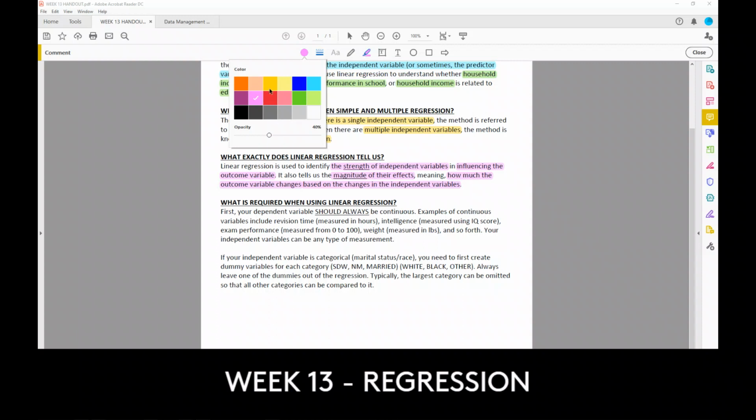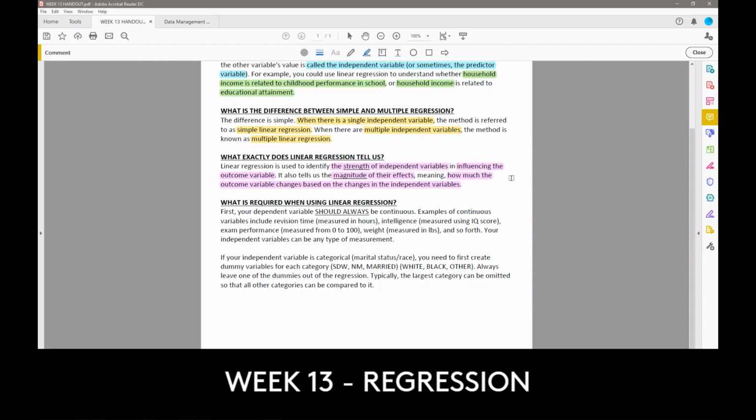One of the most important things to remember about linear regression, whether it's simple or multiple, is that your outcome variable, your dependent variable, always should be continuous. Remember, continuous is anything that is interval or ratio. Some examples are time, which is measured in hours.